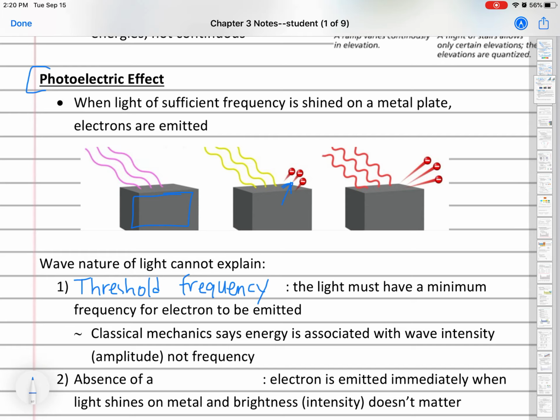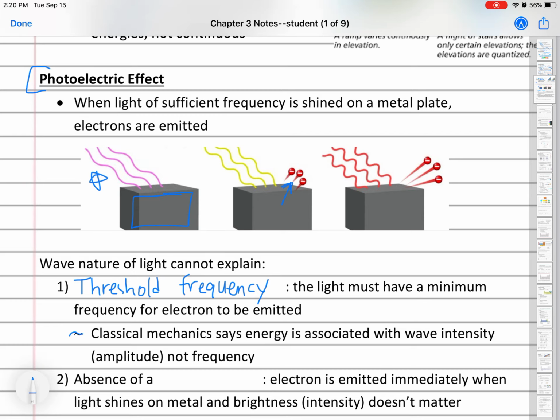All right. The light must meet the minimum frequency for the electrons to be emitted. So in this case, the frequency is too low. You could shine this light on this metal all day long and you wouldn't pop off a single electron, right? Which is weird. Classical mechanics says that the intensity of the light is what's important.